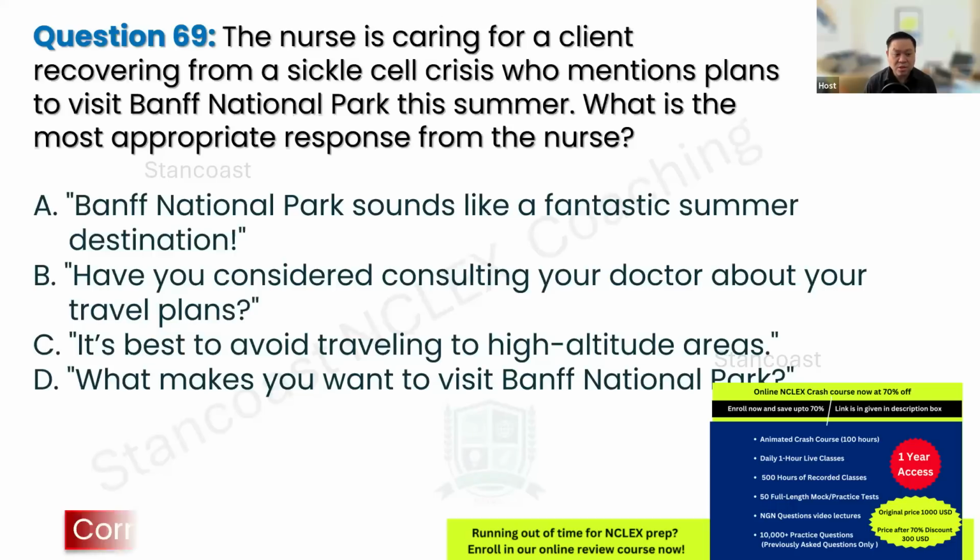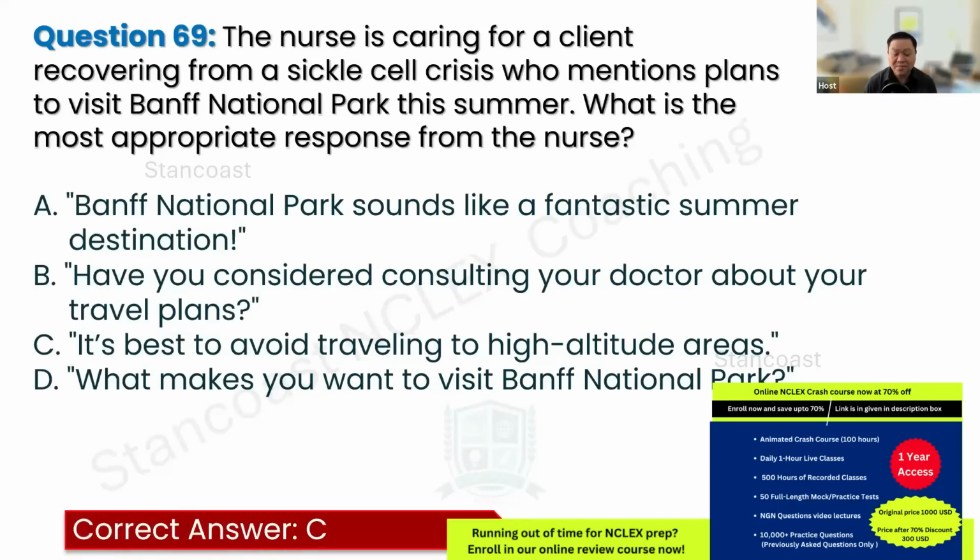Your answer here should be letter C, because high altitude locations have lower oxygen levels, which will increase the risk of triggering a sickle cell crisis, making such areas unsafe for clients with sickle cell disease. Now, if you selected letter A, this is incorrect.